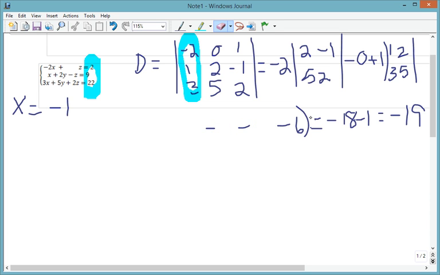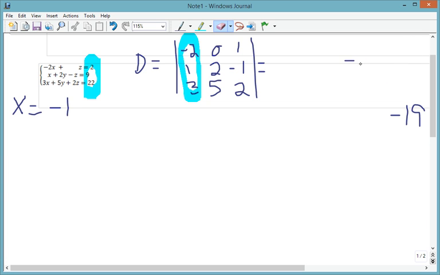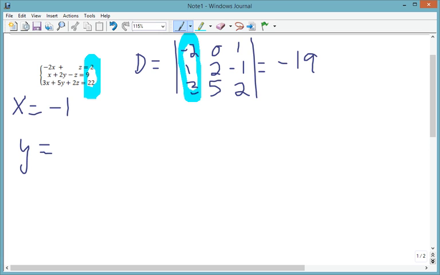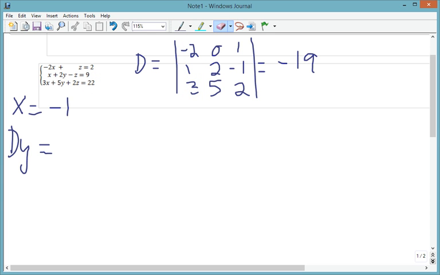And in fact, I think I'm going to erase this work and just have our answer that it's negative 19. Okay, all right, so now y, well, let's do D sub y. It'll be easier to write it. D sub y now is going to be, well, I should have left the answers.